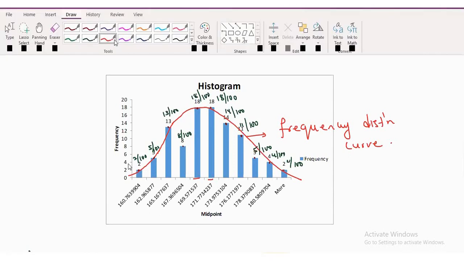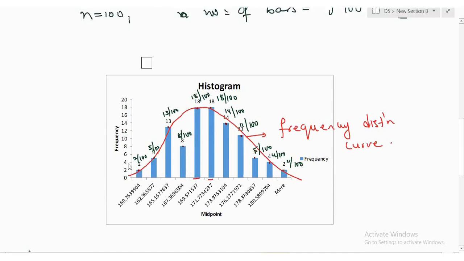Now, I'm connecting this. I'm not interested in this red one now. Let's assume I'm connecting these probabilities. Instead of connecting the frequencies, I'm drawing this for the probabilities.